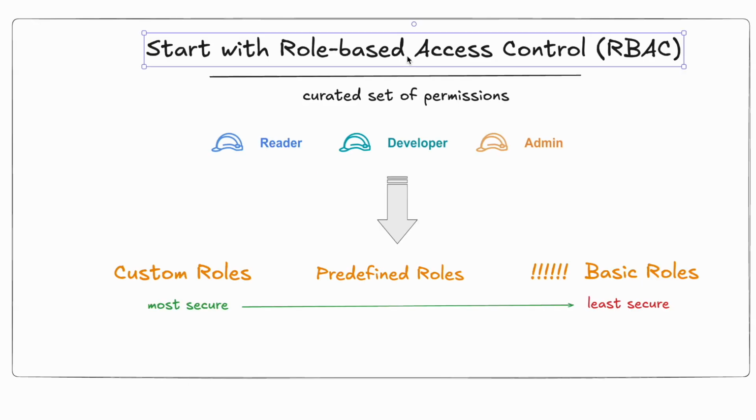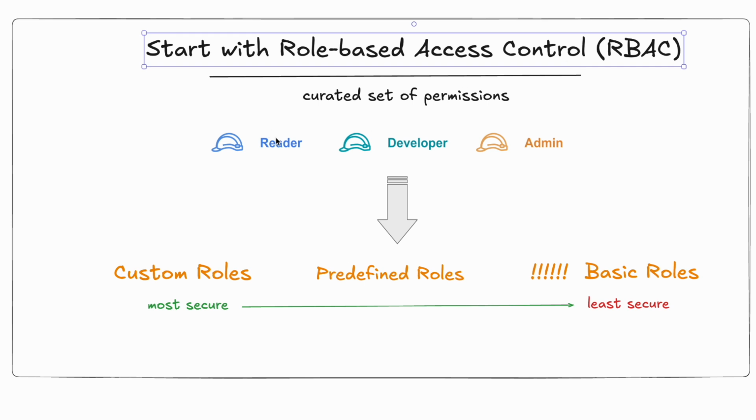To build a just-in-time access system in GCP, the first thing we need is RBAC, or role-based access control. RBAC means assigning permissions to users based on their roles and not directly assigning them to individuals. This is important for JIT because users will request temporary roles, and RBAC lets us control exactly what they can do and where.